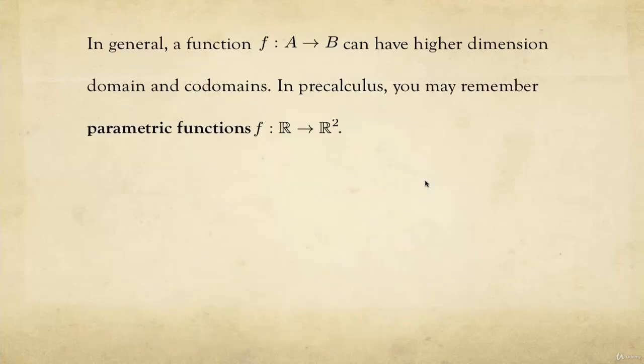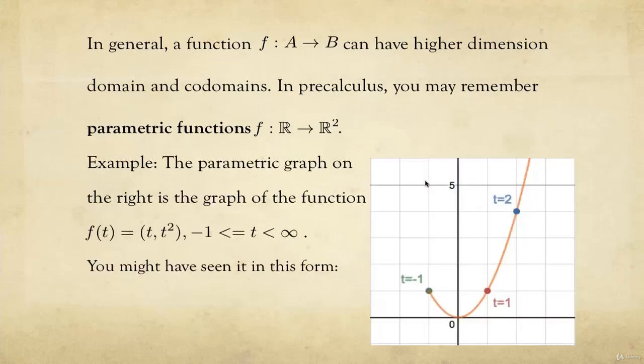But in general, a function can have higher dimension domains and codomains. So for example, in pre-calculus, you might remember parametric functions, which is a function from the real numbers to R squared. As an example, here's a parametric function. It takes t, which is the input, and then it returns a two-dimensional vector, t, t squared. If we were to graph this, t is going to go from -1 to infinity.